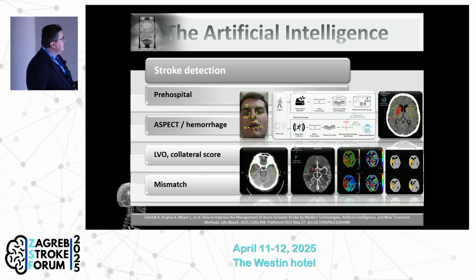However, of course, we can use AI for detection of large vessel occlusion on non-contrast CT scans, but the sensitivity in such cases is definitely not as high as detection of hemorrhage. But it's also useful, especially if you have a patient with some kidney disease, and you would like to decrease the risk of nephrotoxicity of the contrast media. So it's really good for that.